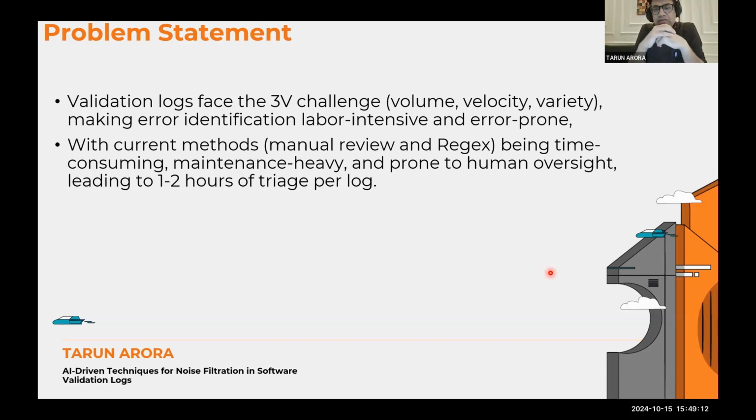And you will always have error proneness, because someone is going to write those scripts, someone is going to read the output of those scripts, and so on. So a script can only help you to some extent, but it still comes with labor intensiveness and error proneness, which eventually impacts the turnaround time of the complete diagnostic and triage process.